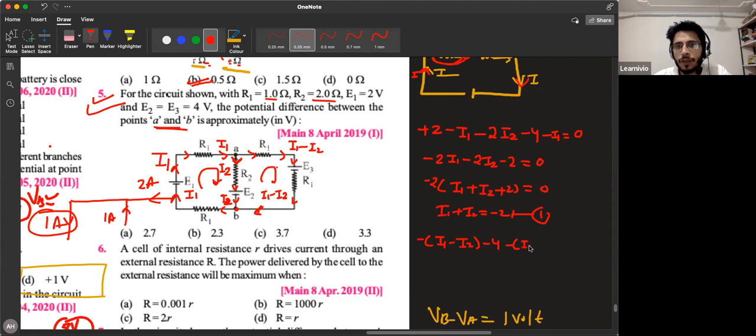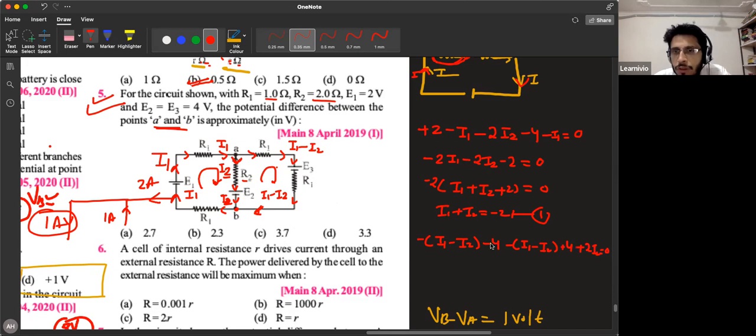Minus of I1 minus I2. Then you are going here, lower to higher, rise, plus E2. E2 is 4. Then again, you are going in a direction opposite to that of current. The current is I2, resistance is R2, plus I2 R2. R2 is 2, so 2I2 is equal to 0.